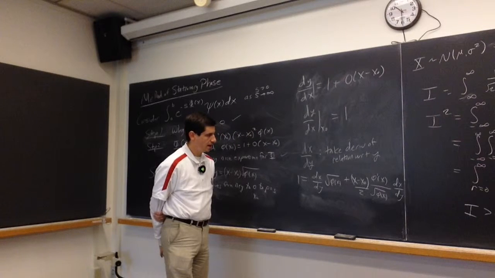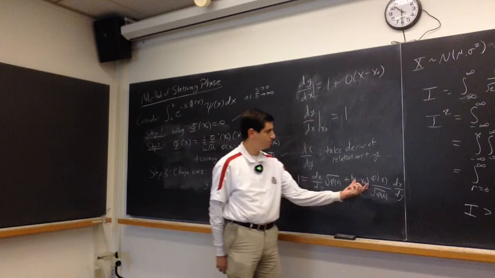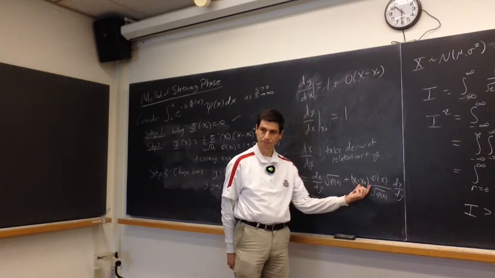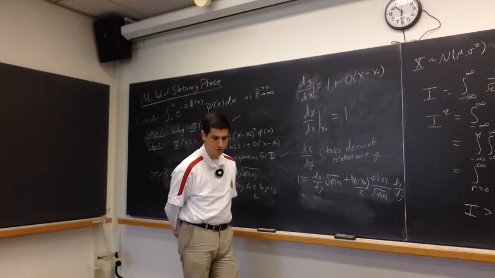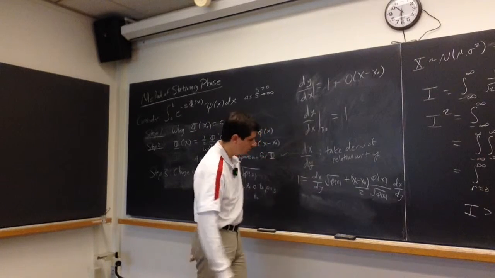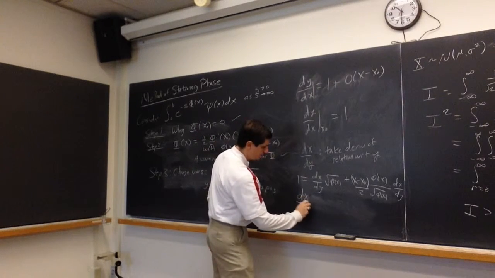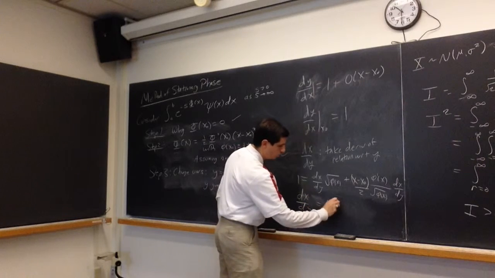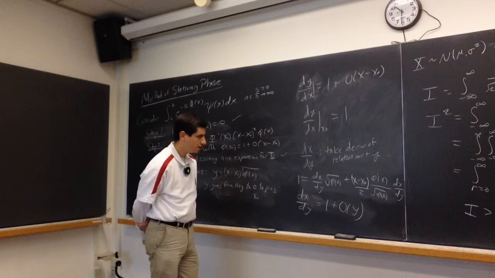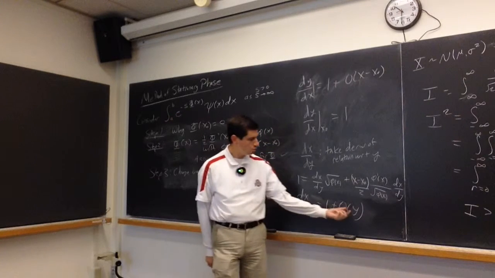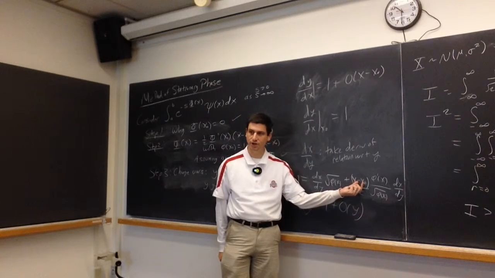Well, for x very close to x naught, this is going to be very small. And so when the dust settles, I claim dx/dy is going to be 1 plus big O of y. So the question is, how does y compare to x minus x naught?